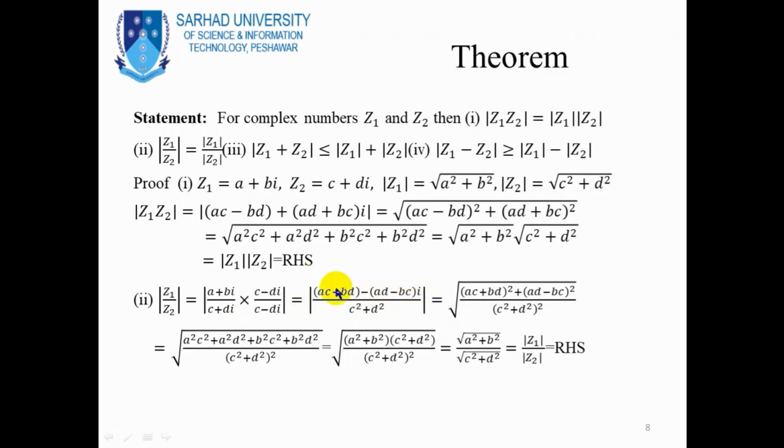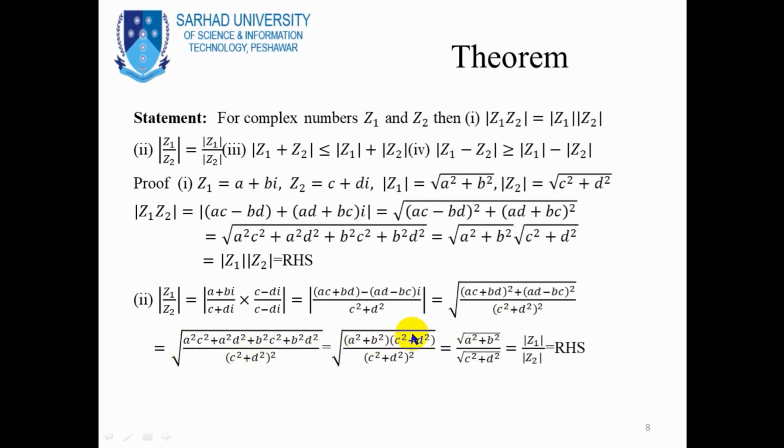And for the magnitude, we take the square root of the sum of the squares of the real part and imaginary part. So (ac plus bd) whole square plus (ad minus bc) whole square, divided by (c square plus d square) whole square. And we can write the square root of a square c square plus a square d square plus b square c square plus b square d square, divided by (c square plus d square) whole square.